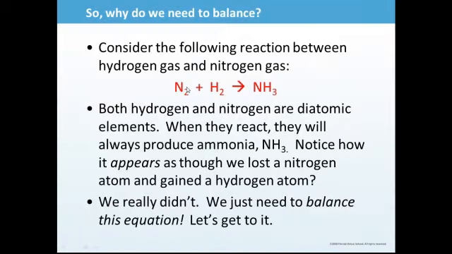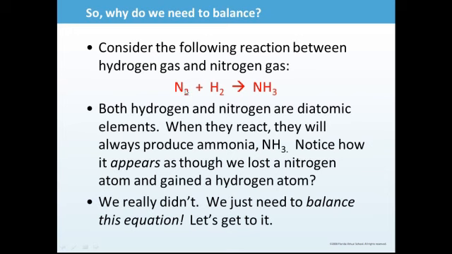So consider the following example. Nitrogen gas reacts with hydrogen gas to form ammonia. Hydrogen and nitrogen are both diatomic elements, so when they are written by themselves, we always have a 2 after them. When they react, they produce ammonia. When you look carefully, we start off with 2 nitrogen atoms. Remember that the subscript 2 indicates how many we have in this compound.